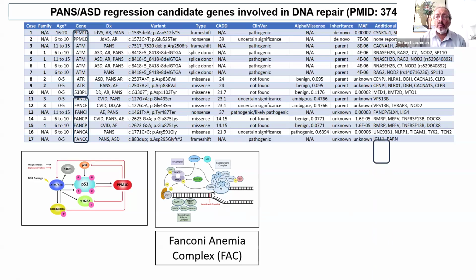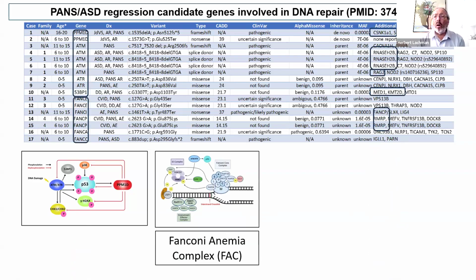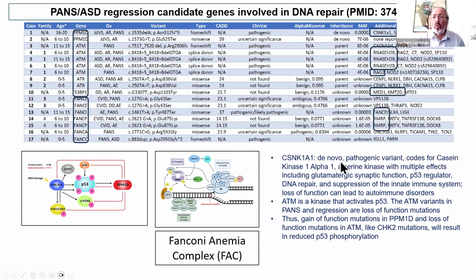And one of the reasons for this may be the fact that other mutations need to be found or need to occur in these individuals, suggested in many cases, but maybe not all, of a 2-hit hypothesis. And the Janssen-DeVries patient in case 1 has a de novo pathogenic mutation in the gene that codes for casein kinase 1 alpha-1, which is a kinase that has effects on synaptic function, on p53, and on DNA repair, and it has a suppressive effect on the innate immune system.